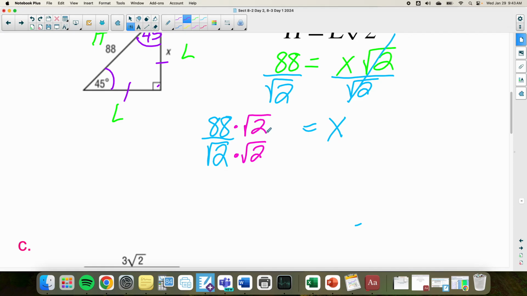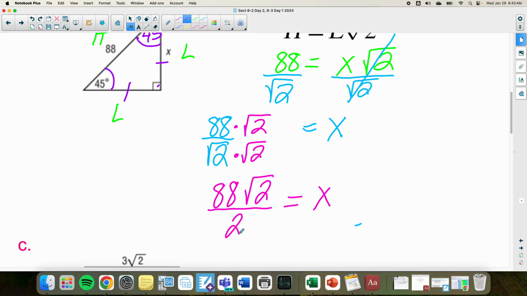Okay? So to get rid of a square root of 2 on the bottom, you multiply it by itself. And then on top, you have 88 times the square root of 2. On the bottom, what would we have there?